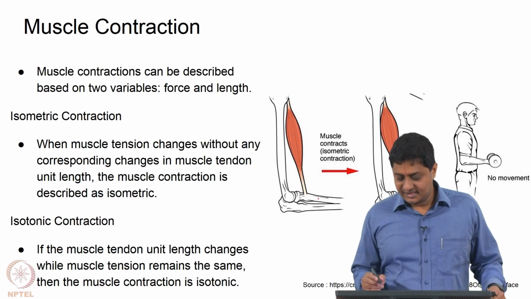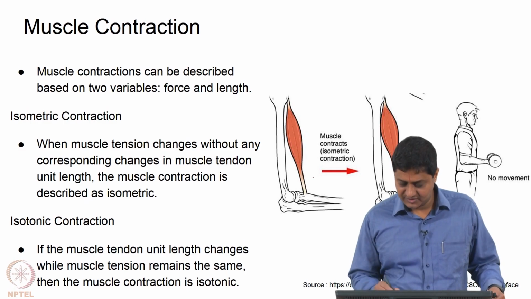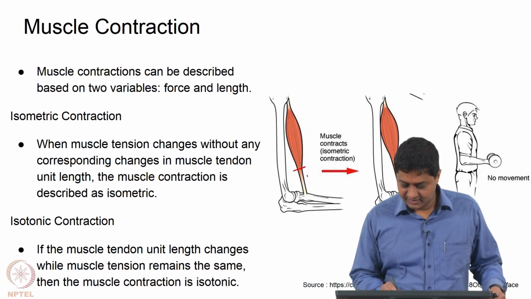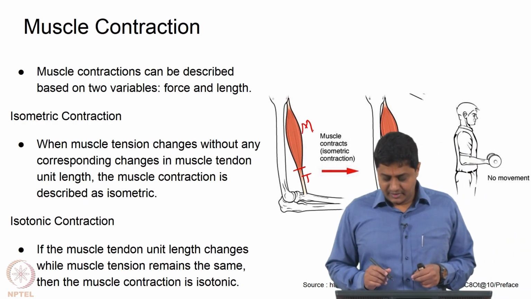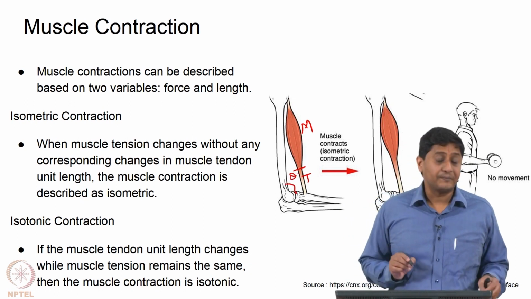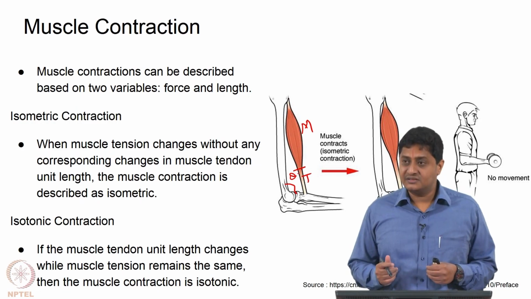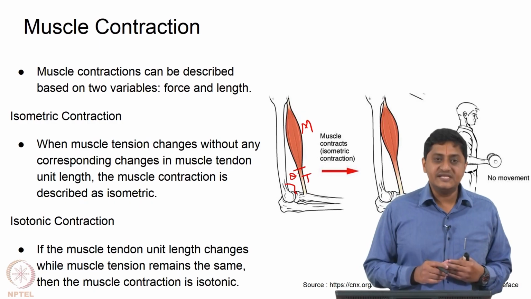Now, if you consider a case where the muscle is shortening, so now that is the tendon length and that is the muscle length, for example initially, and let us say that the joint angle is some theta. Now, the person is asked to increase the force produced by the muscle without changing theta.